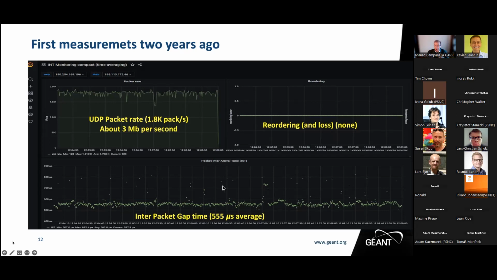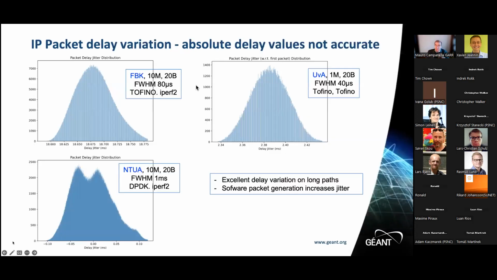So how to gather useful data from these plots? There are some trends that you can see. We decided to start with IP packet delay variation, the usual RFC. There is a series of plots that I will show you in the next slides that try to understand what is the effect of the network on the delay variation of the flow.